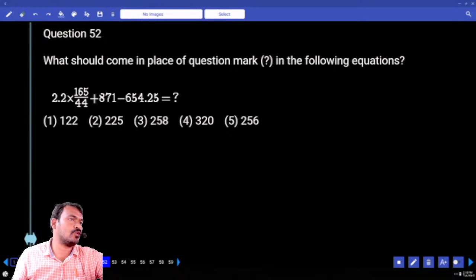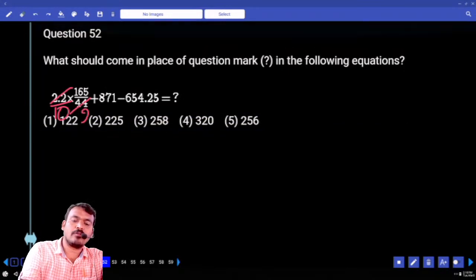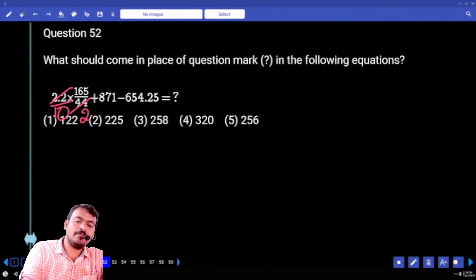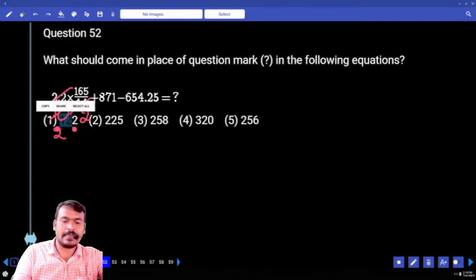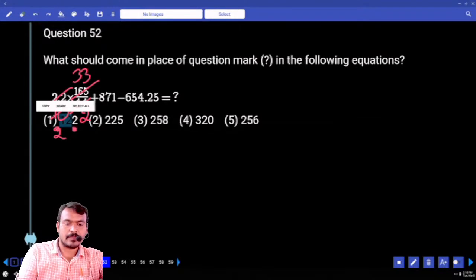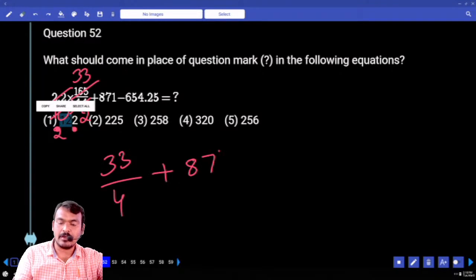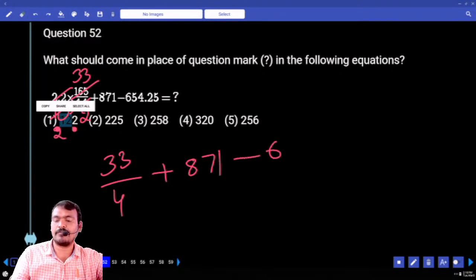0.2 we written 22 by 10, or not? 22 by 10. 22 how many times? 44. 2 times, or not? Again 5 how many times? 10. 2 times, or not? 5 2s are 10. 165 means 5 how many times? 33, or not? 33. 33 by how much value? 4. 33 by 4 plus 871 minus 654.25, or not?